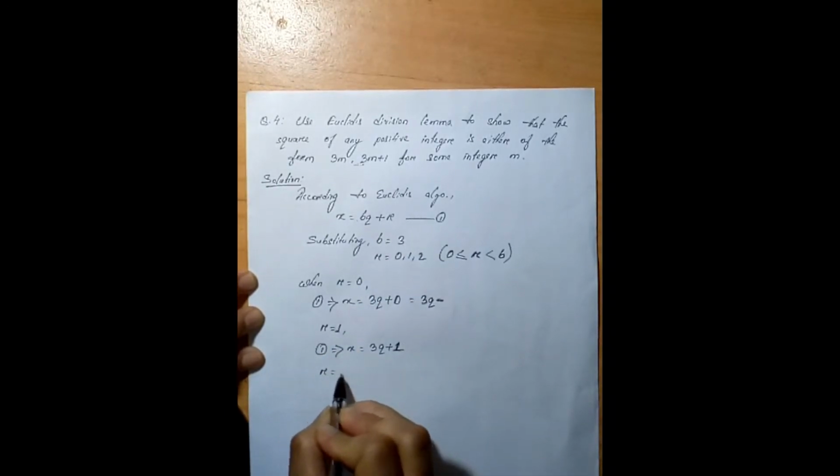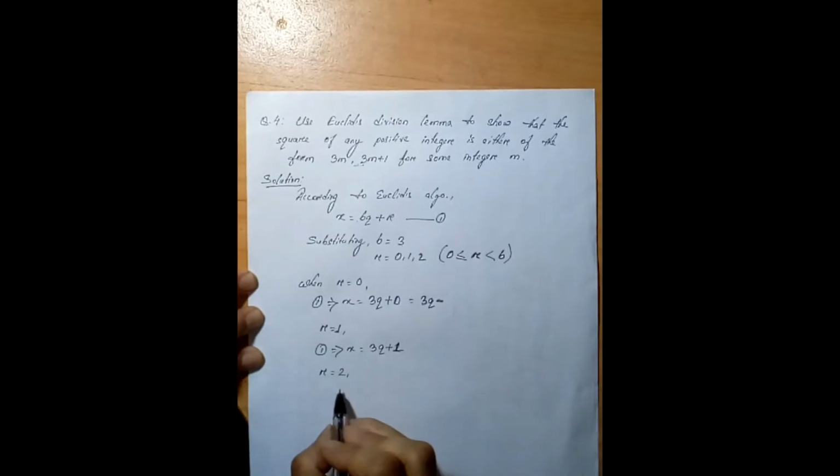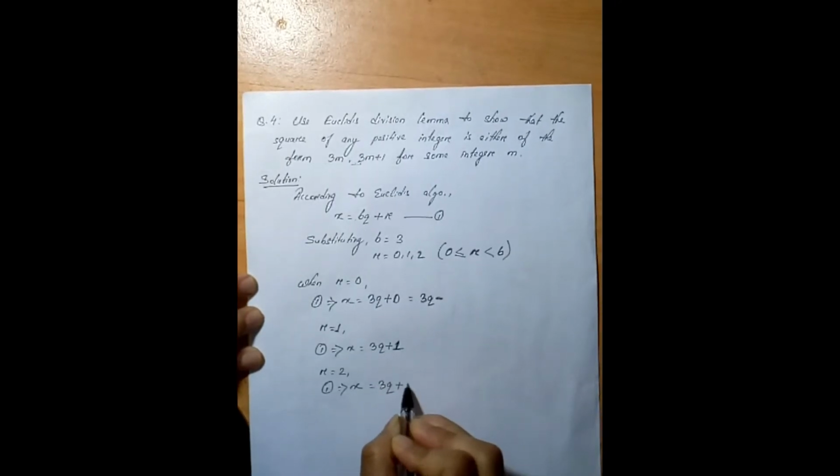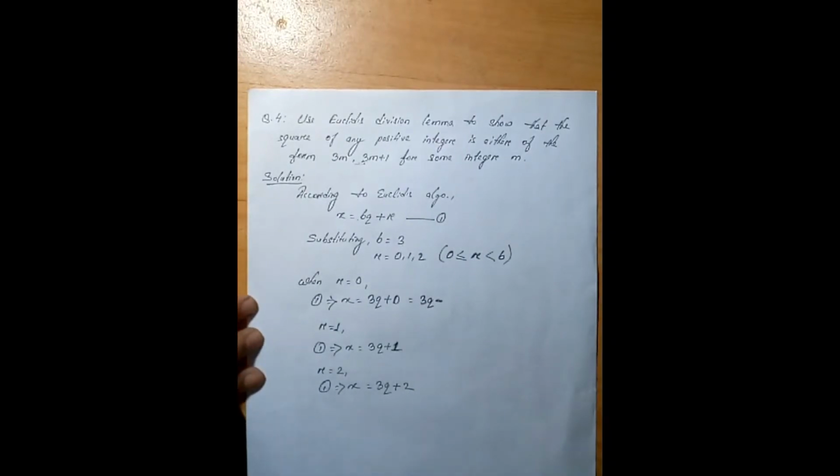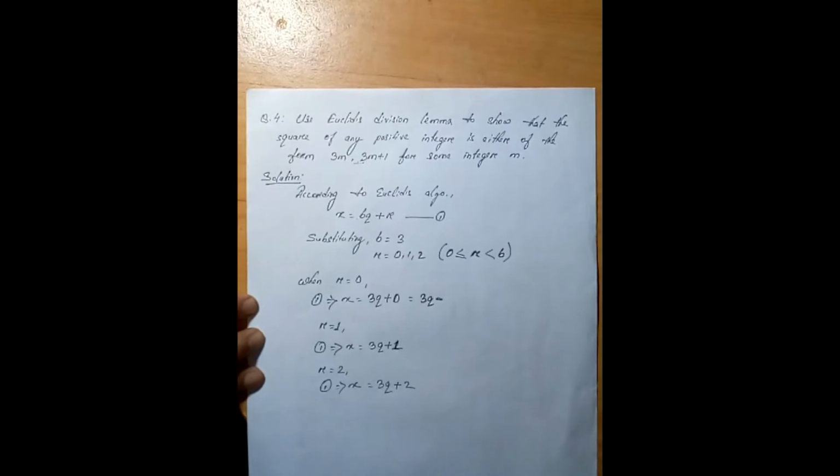And if you take r equal to 2, then equation 1 implies 3q plus 2.